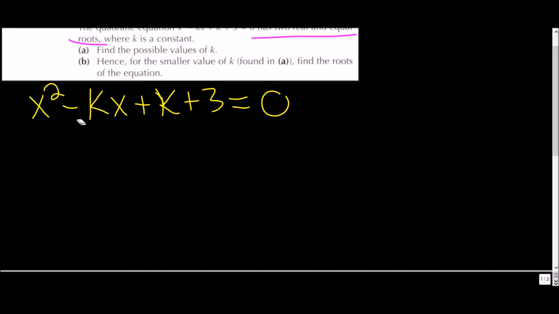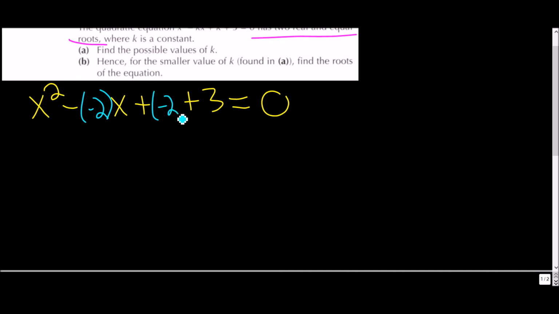So k is negative 2, and this k over here is also negative 2.